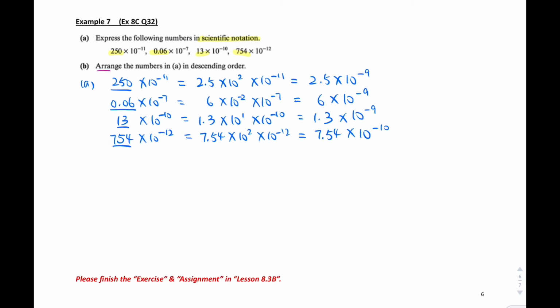Part B, you have to arrange the numbers in descending order. So try to look at the numbers in scientific notation. They are all expressed in 10 to the power of a negative number. So we just have to compare the index. If it is more negative, then that means this is a smaller number.